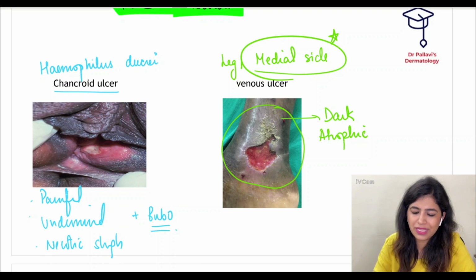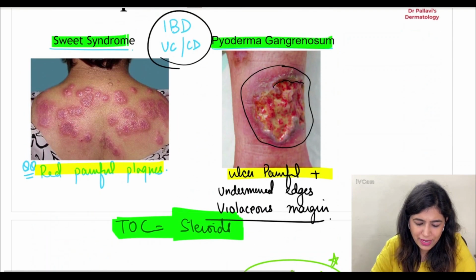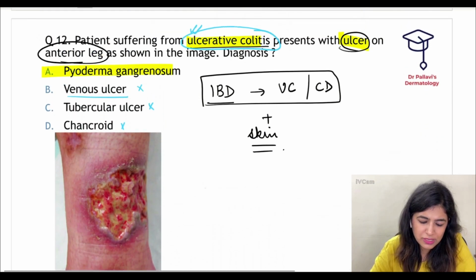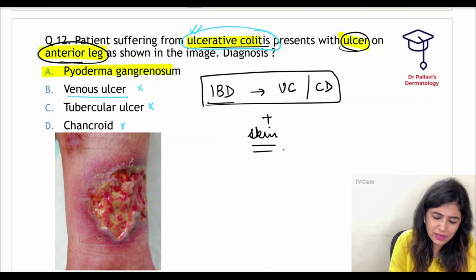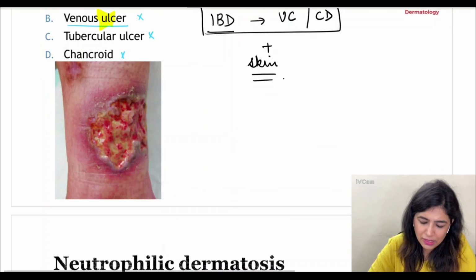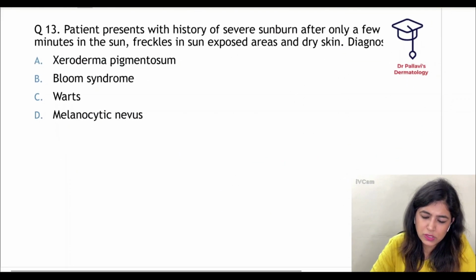Again, very different from the image of pyoderma gangrenosum that you see here on the anterior leg. The question is classically telling you anterior leg. It is taking you away from venous ulcer. Even if you don't spot the hint of inflammatory bowel disease, spot the hint of the anterior leg. And venous ulcer is not that painful also.